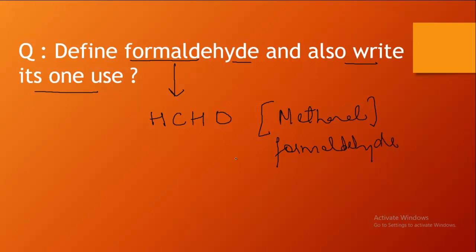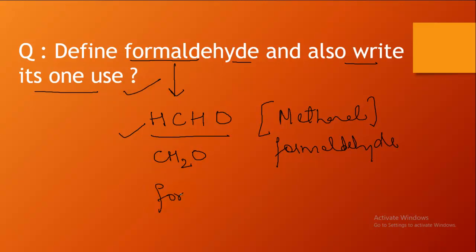So, what is formaldehyde? Formaldehyde is the first member of aldehyde, that is HCHO. This is the molecular formula for formaldehyde. We can also condense it more and write it as CH2O. So, this is what formaldehyde is. And now we need to write its one use also.